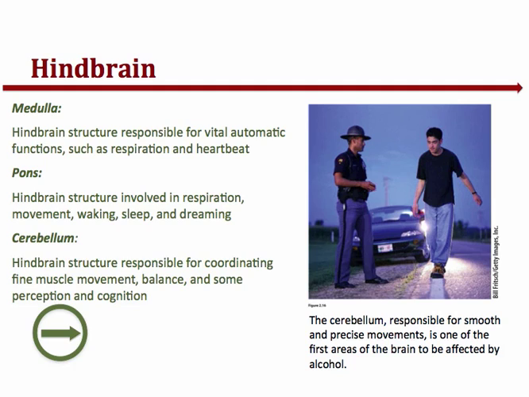Okay, so these are some structures that we talked about already in the hindbrain. The medulla is responsible for autonomic functions like respiration and heartbeat. The pons, we said, was implicated in respiration, movement, waking, sleep, and dreaming. And the cerebellum was involved in coordinating muscle movement, balance, and possibly some aspects of cognition.